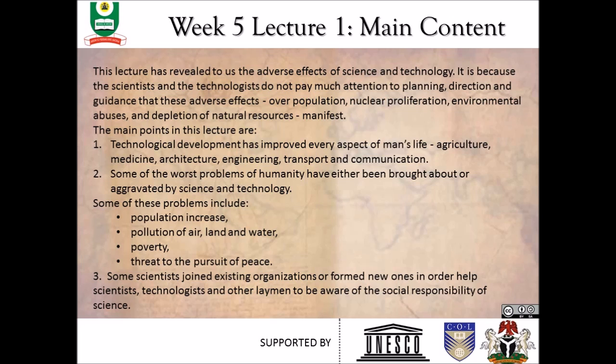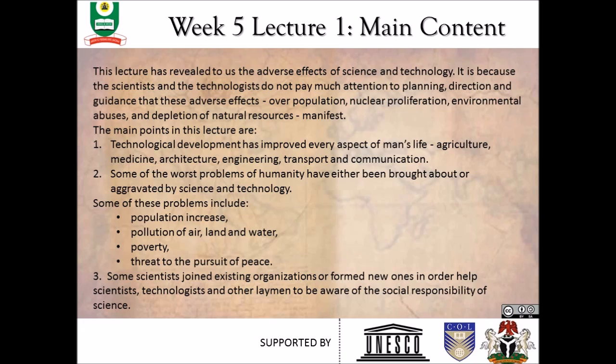The main points in this lesson are: 1. Technological development has improved every aspect of man's life: agriculture, medicine, architecture, engineering, transport, and communication. 2. Some of the worst problems of humanity have either been brought about or aggravated by science and technology.